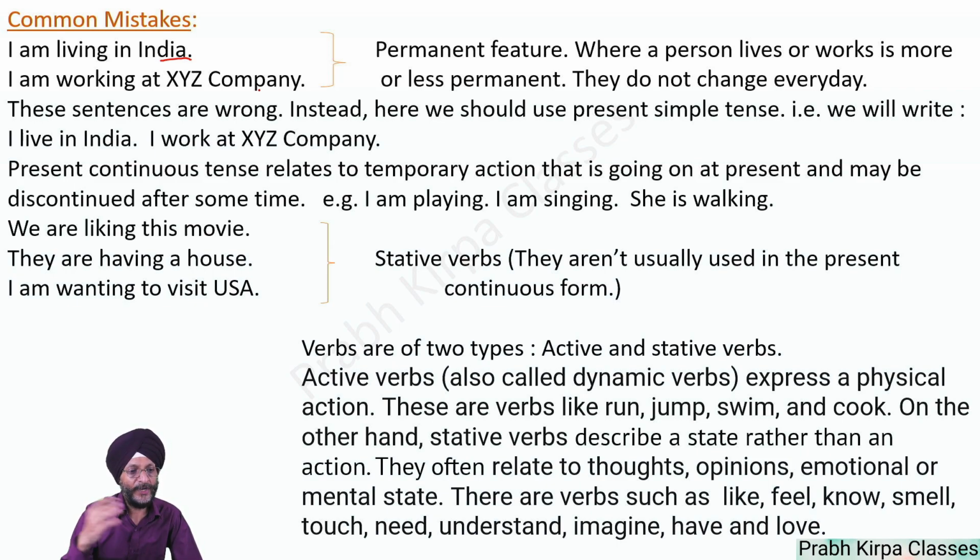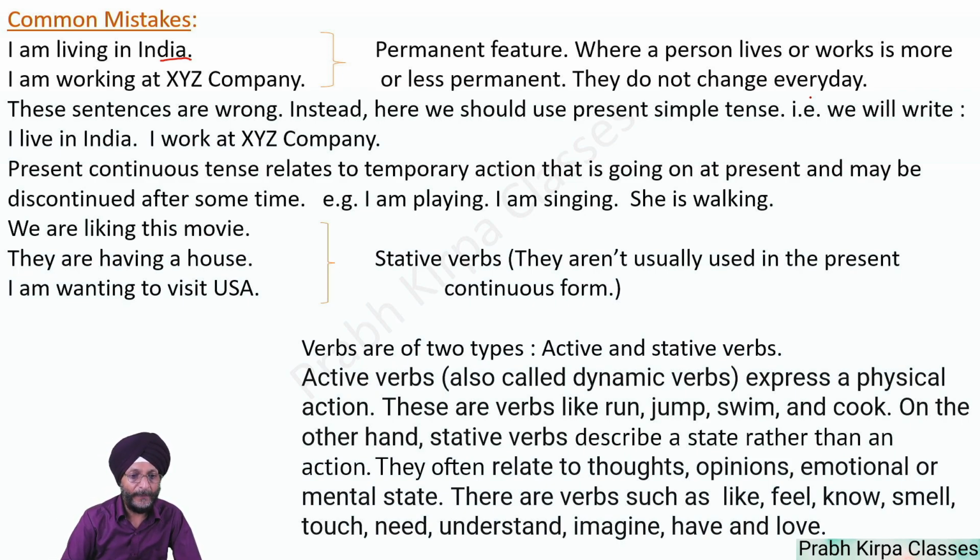I am likely to continue the same. So this is the permanent feature. When a person lives or works is more or less permanent. They do not change their residence or the place of work every day or every week or every month.